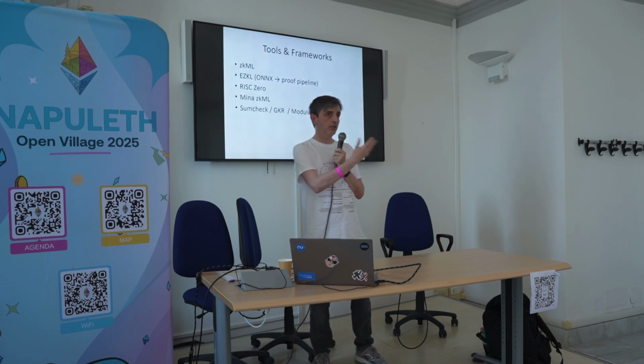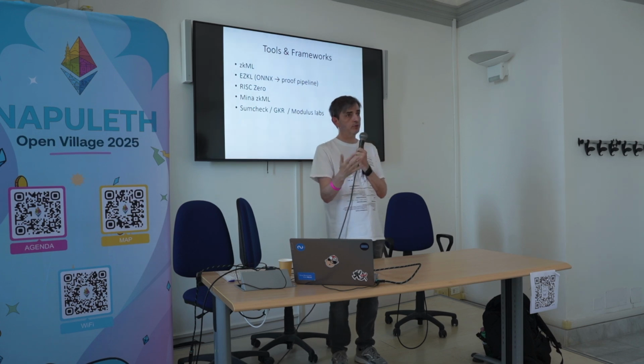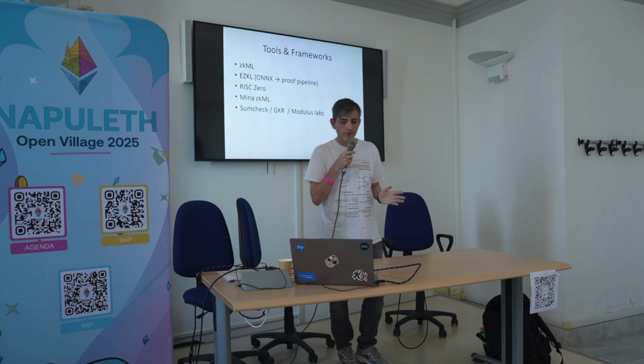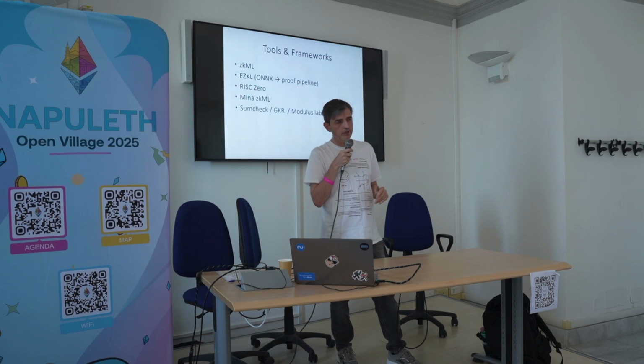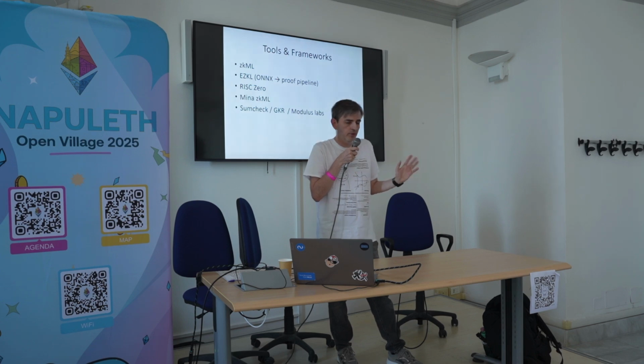Then zkL can take that and create a proof from that. I don't know how many people here are developers, but my advice at the moment would be, if you want to do something relatively easy and use something that works and has been around for a while, zkL is quite a good choice.